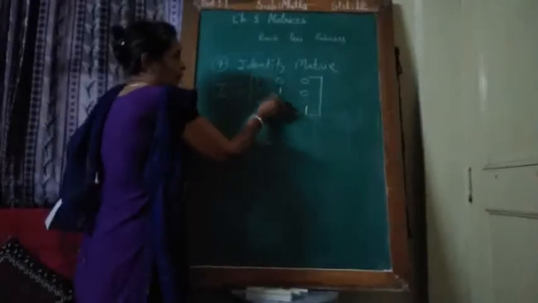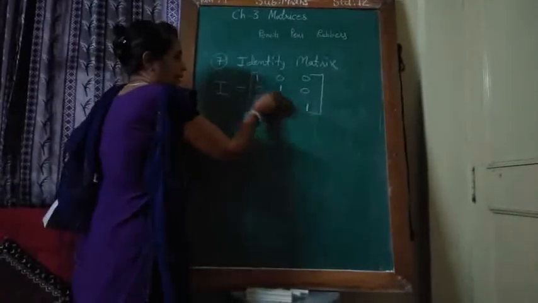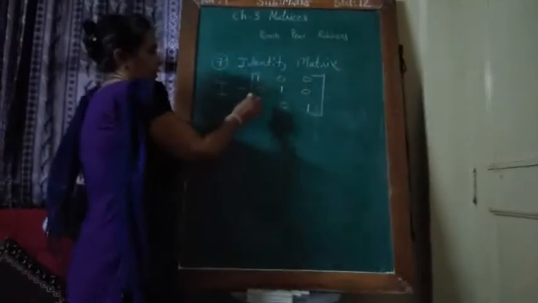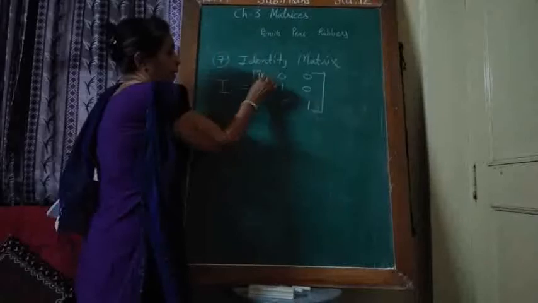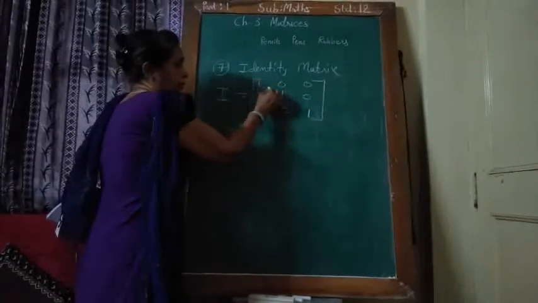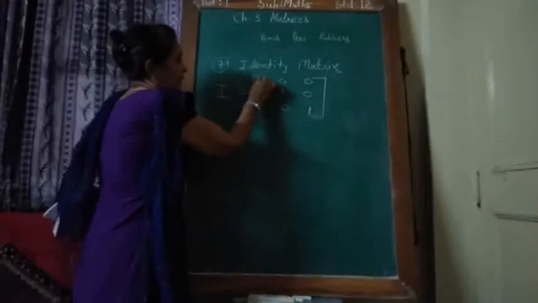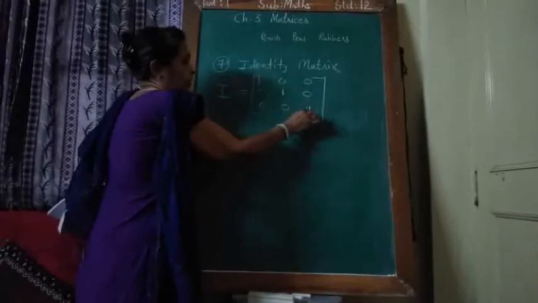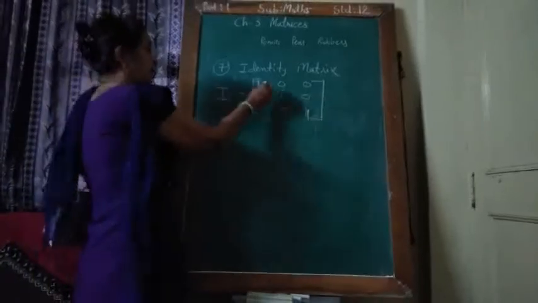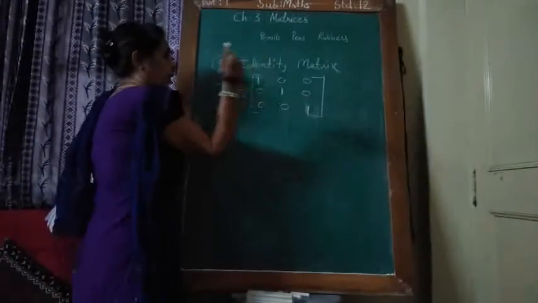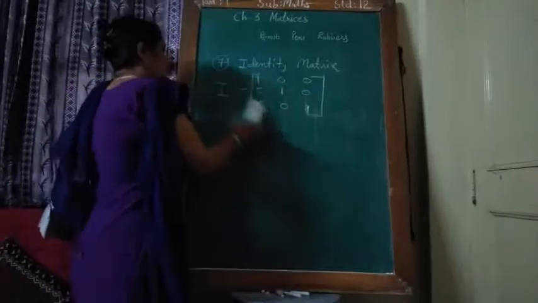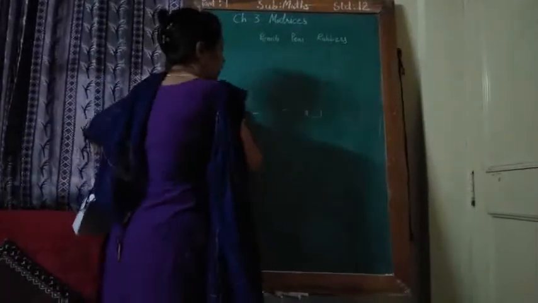In a scalar matrix, all the elements of the principal diagonal are the same, and they may be different, but in an identity matrix they are compulsorily 1. All elements of the principal diagonal must be 1, that is A11, A22, A33 are 1. Okay. So this is called identity matrix.